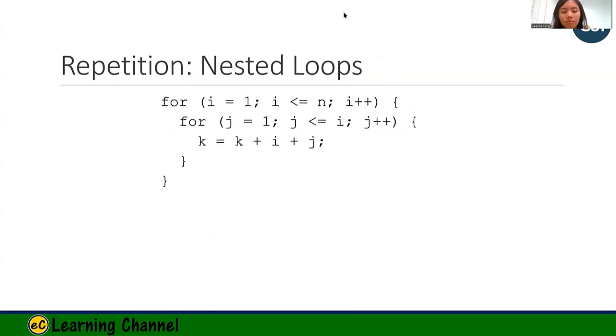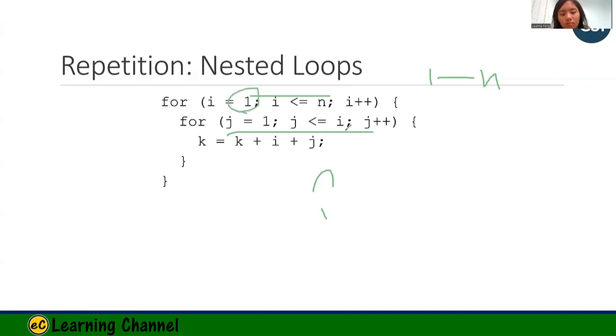Now, this one is 1 to n. This one is 1 to I. Then how can you calculate it? Let's assume I equals 1.